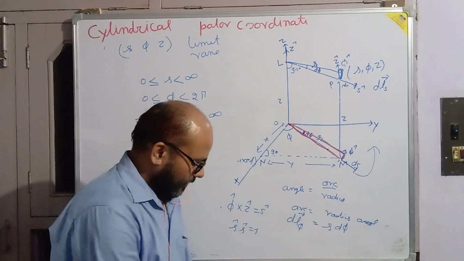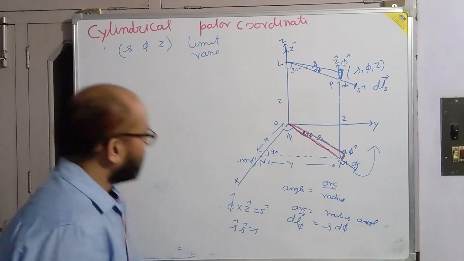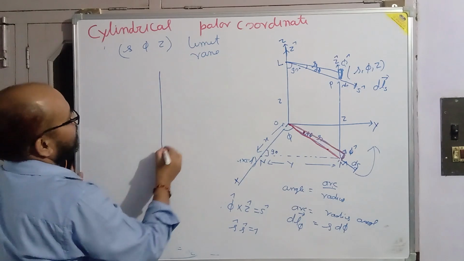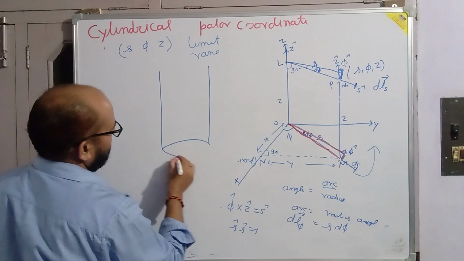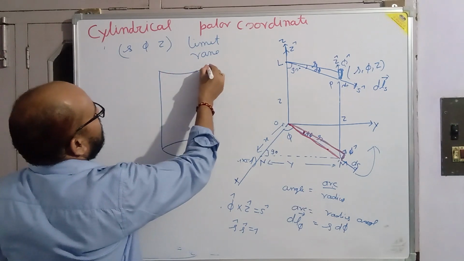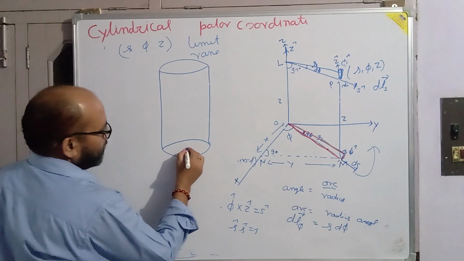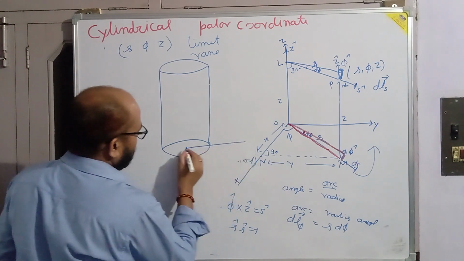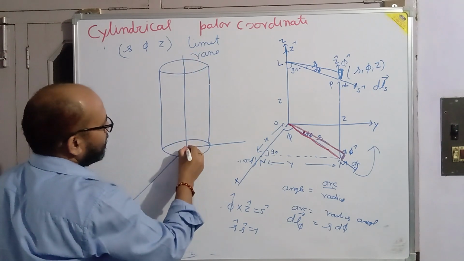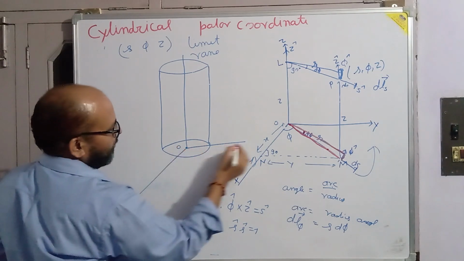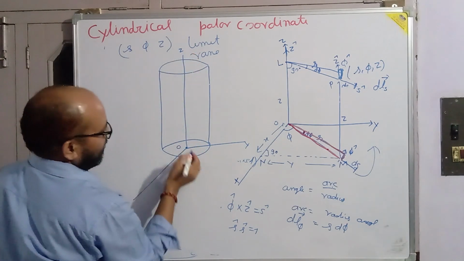Let me make a simple diagram. Look at this one diagram. Suppose just like a cylinder. Suppose this is your origin, the y axis, x axis and z axis.